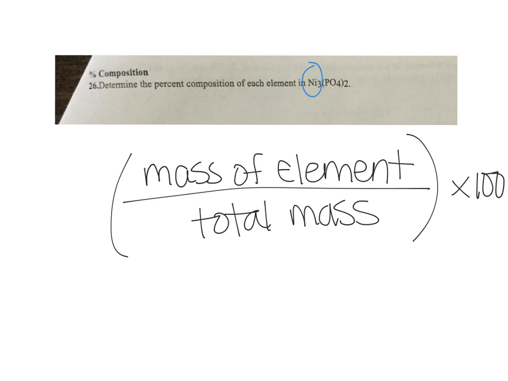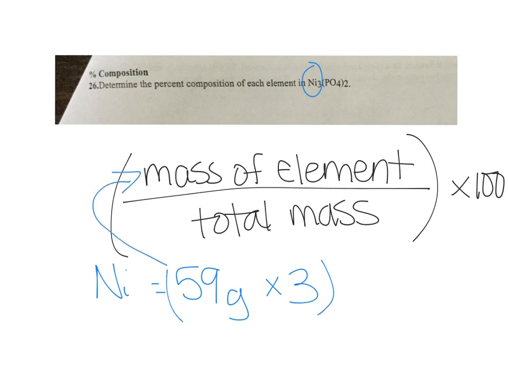If each nickel is about 59, we're going to round up, 59 grams for their molar mass, you need to do that times 3 in order to find your mass of your element. So make sure you take into account all of your little subscripts.